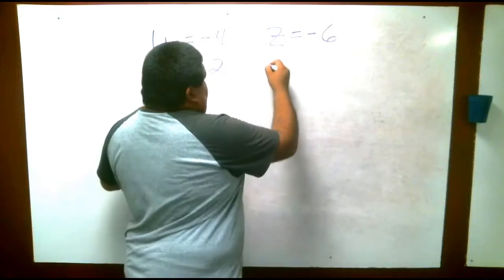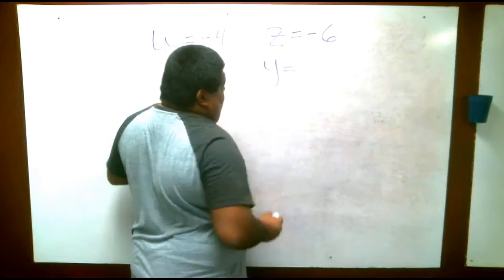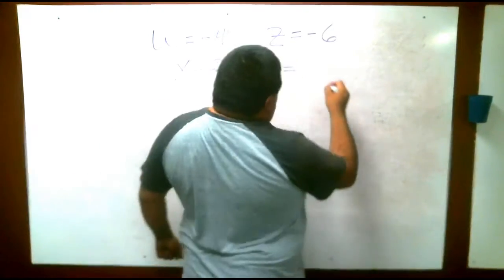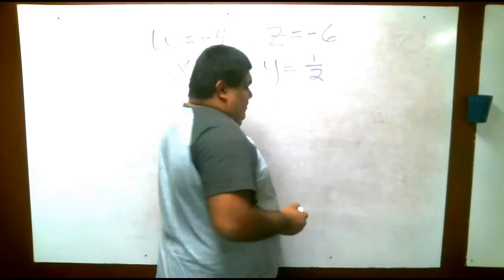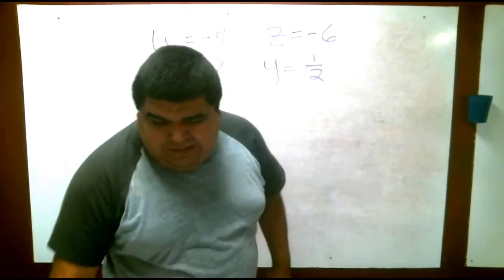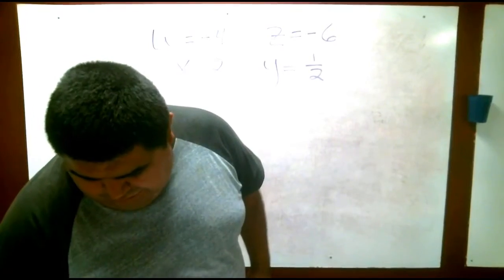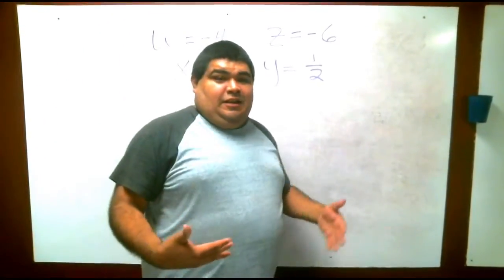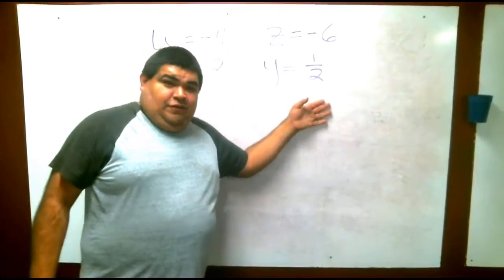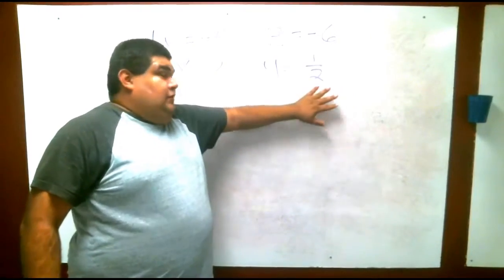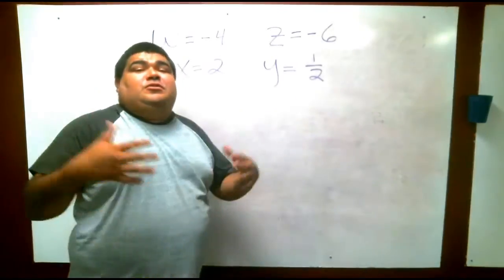And Y equals 1/2, okay? I threw that little fraction in there just to make it a little more interesting. I know it's probably your square of fractions, it's okay. It's a simple fraction, okay? I'm going to use small numbers.